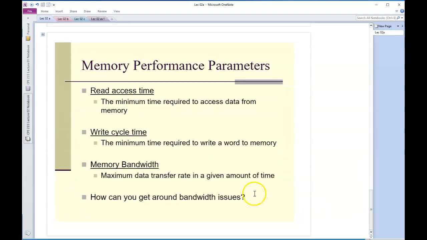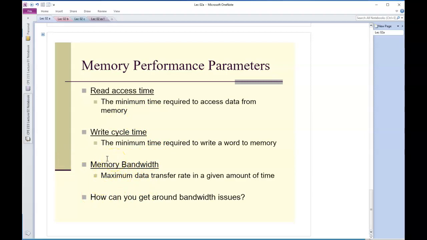So the memory performance parameters: it's always an issue of how fast I can read and write, and related to that is memory bandwidth. The read access time and the write cycle time are the amount of time I need to read and write data. We went over that. But the more important thing I want you to take away is memory bandwidth.